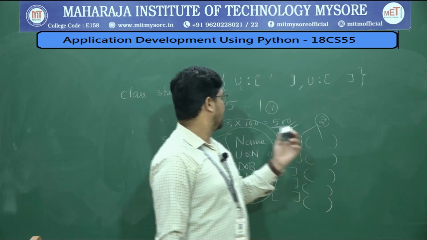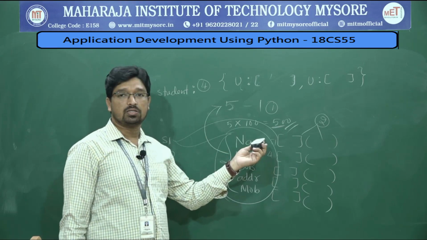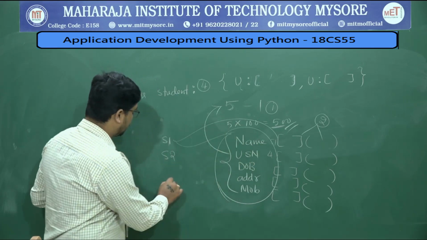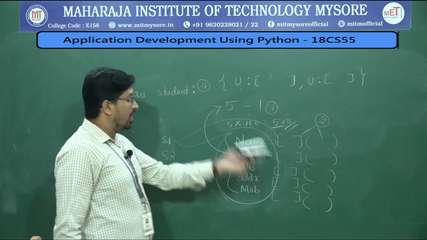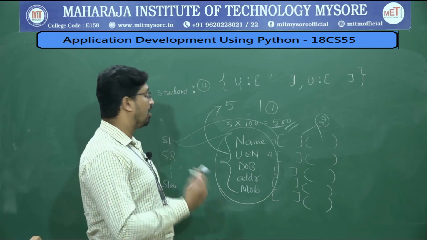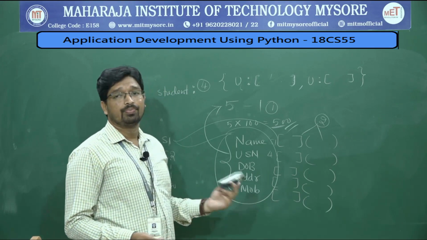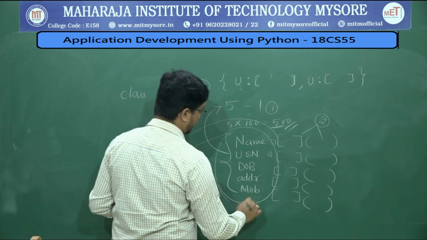In the same way, here I have 5 fields. I will create all the 100 students, 100 objects, S1 to S100. After some time, some people will ask, I need aggregation also, or the total percentage of the student.